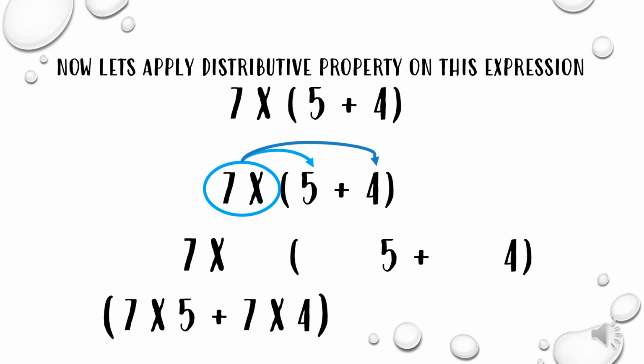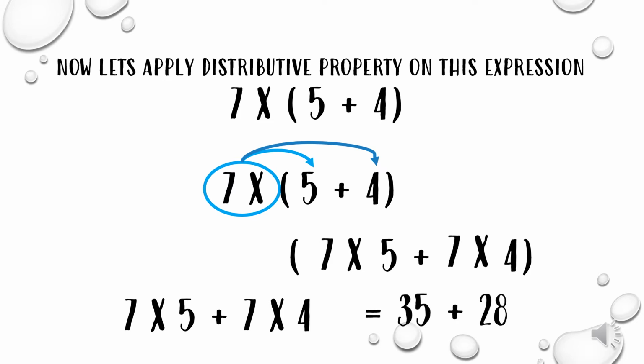After distributing, the expression will look like this: 7 times 5 and 7 times 4. Now, because you have distributed 7 to both members of the group, there is no need for the brackets. Simply find the product of both, that is 35 and 28, and add them. You will get the result as 63, right?